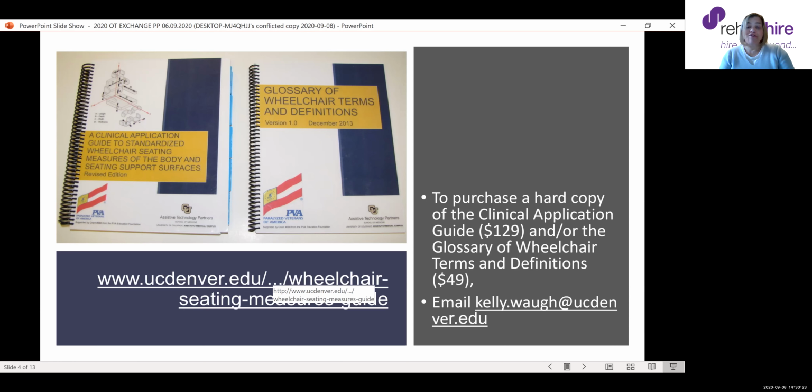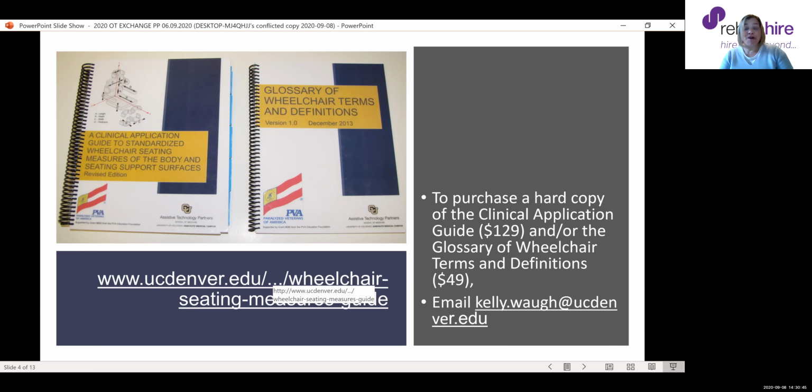It includes the correct terminology for angular and linear measurements of the seated person's body and the seating support system. For each term, the guide explains the purpose of the measure, its clinical relevance, with an accurate definition, a sample measurement procedure, and 1 to 2 illustrations to help clarify that measure.